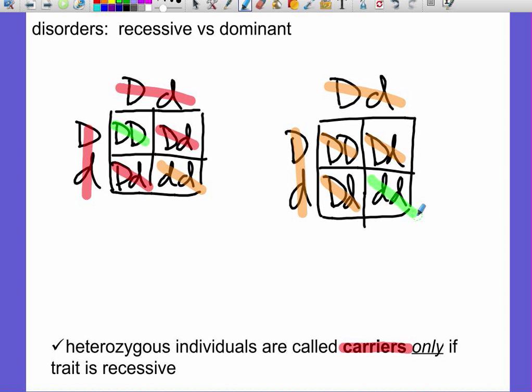So there's no carriers, you just either have it or you don't. Whereas on the left with the recessive example, you could be a carrier and still not have the disorder, but you'd still be in danger of passing that on to the next generation. Right? Only one individual was affected in four, but 2 of the other 3 could possibly pass it on to the next generation.